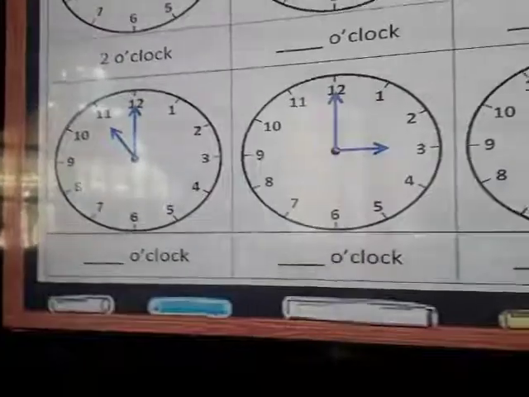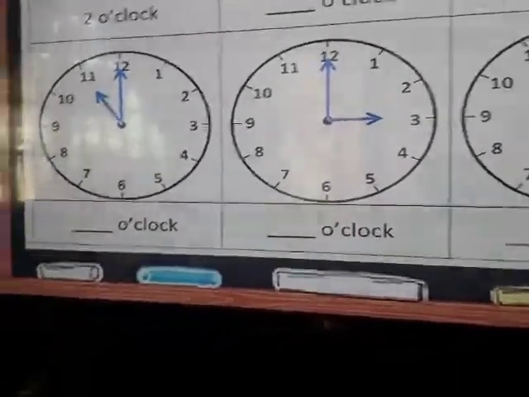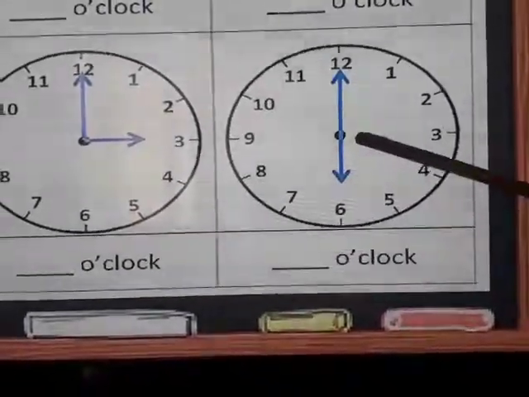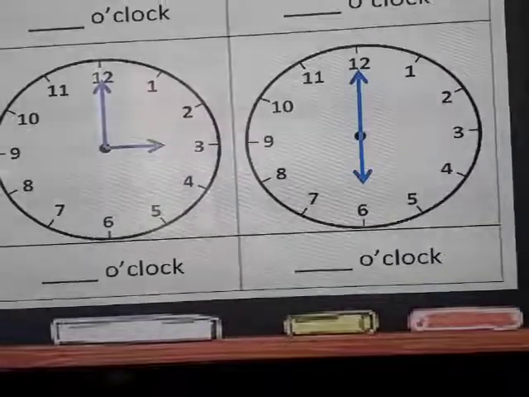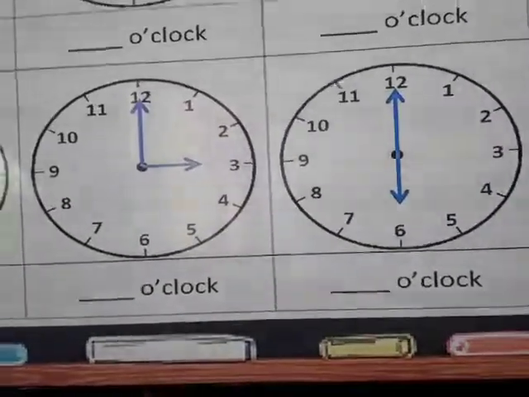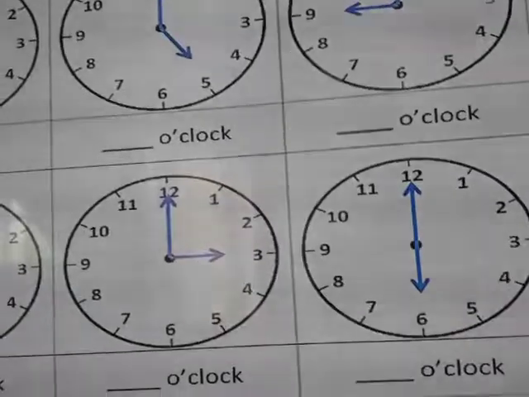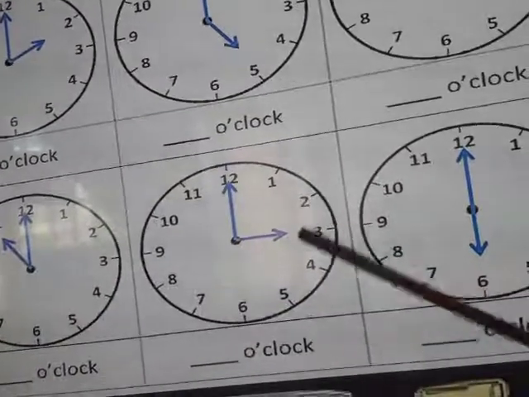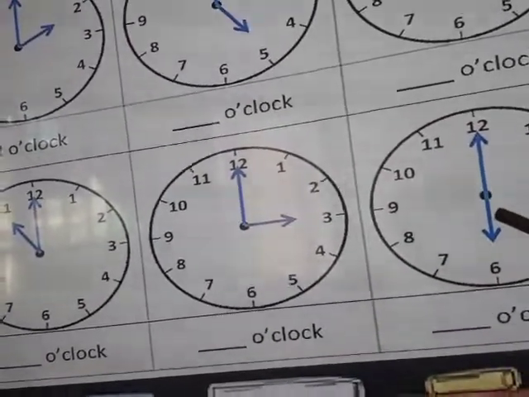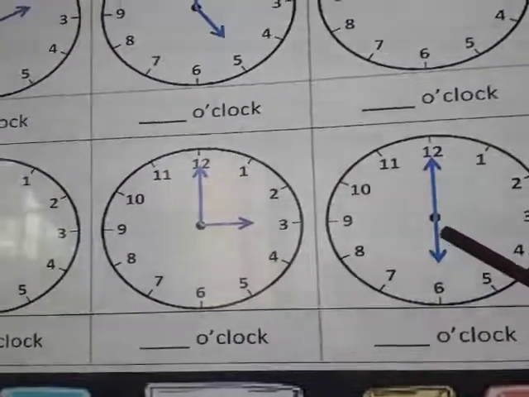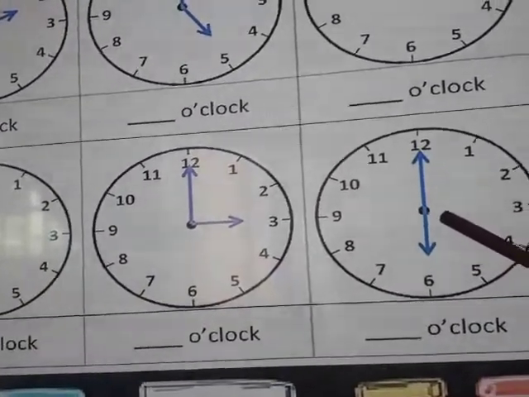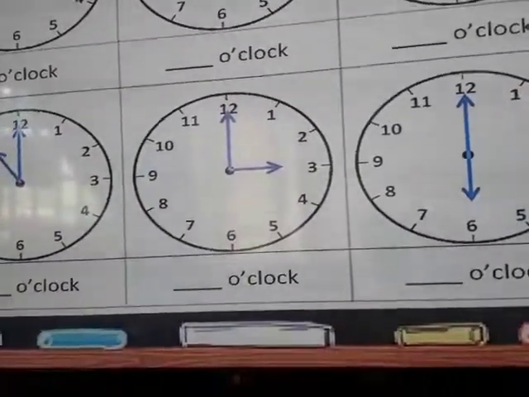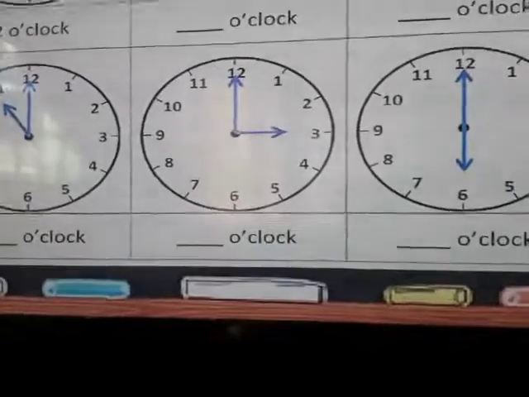I'm asking you, if the short hand pointing to 6 and the long hand pointing to 12, what time is it? The short hand pointing to 6 and the long hand pointing to 12: 6 o'clock. Okay?